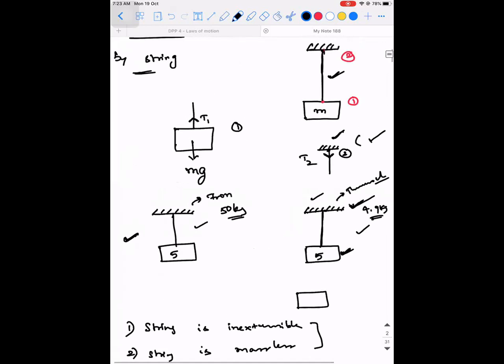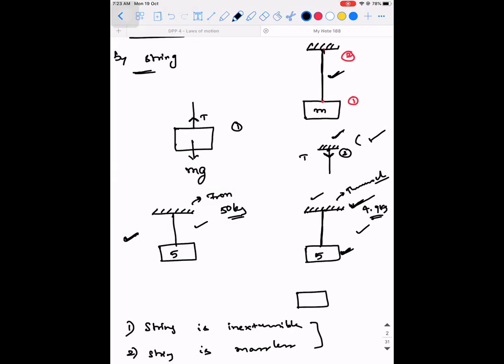So what correction should I do in this case if I consider it to be massless? T1 is equal to T2. Yes, T1 and T2 are same, provided the string is massless. But if the string has mass associated with it and if it is elastic, then the value of tension will vary from place to place.